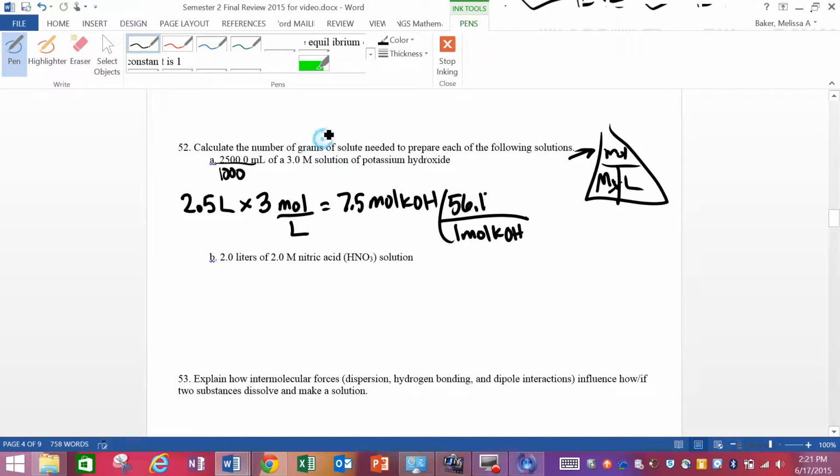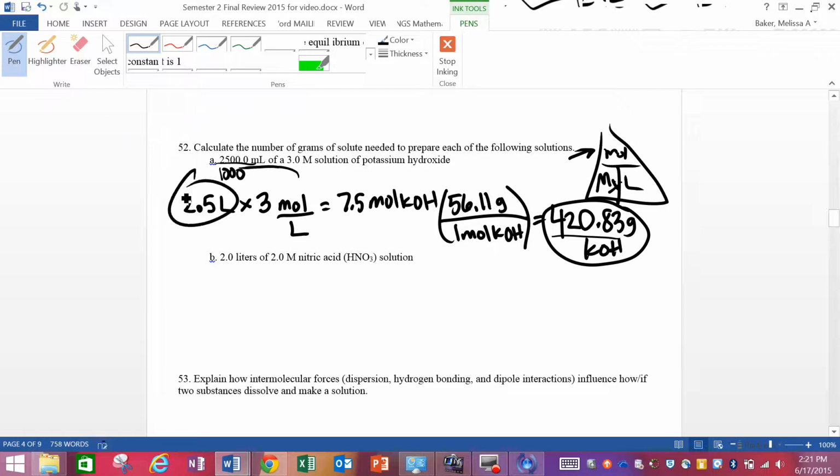That's 56.11 grams if you add that up. So then multiply by 7.5 moles, you're going to need 420.83 grams of KOH. So you can picture this, it's a white substance. You mass this out on the scale, throw it in 2.5 liters, and you've got 3 moles per liter.